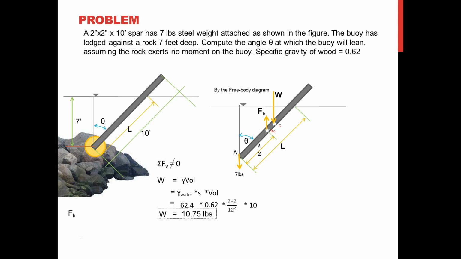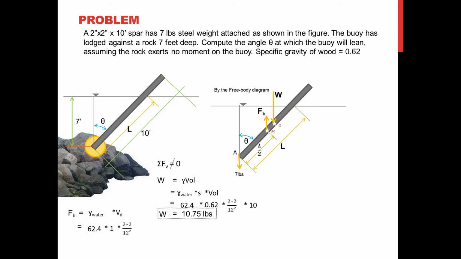For the buoyant force, using Archimedes' principle, we have the gamma of fluid, gamma of water, times the submerged volume. So this is equal to 62.4. Of course, gamma of water, or specific gravity of water, is 1.